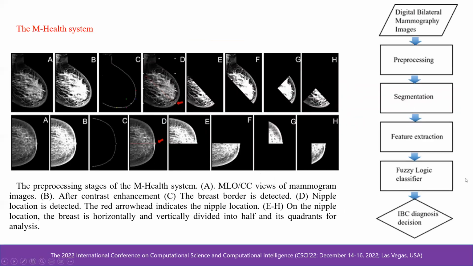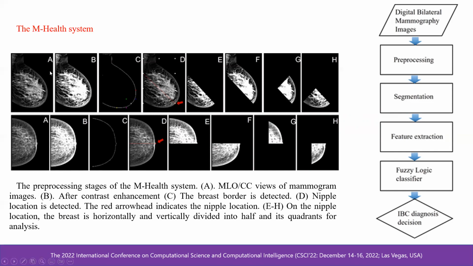In our algorithm, which is given here in this block diagram, there are several steps. The first step is the pre-processing stage. In the pre-processing stage, images are resized by using interpolation, image contrast is enhanced, and artifacts are removed.